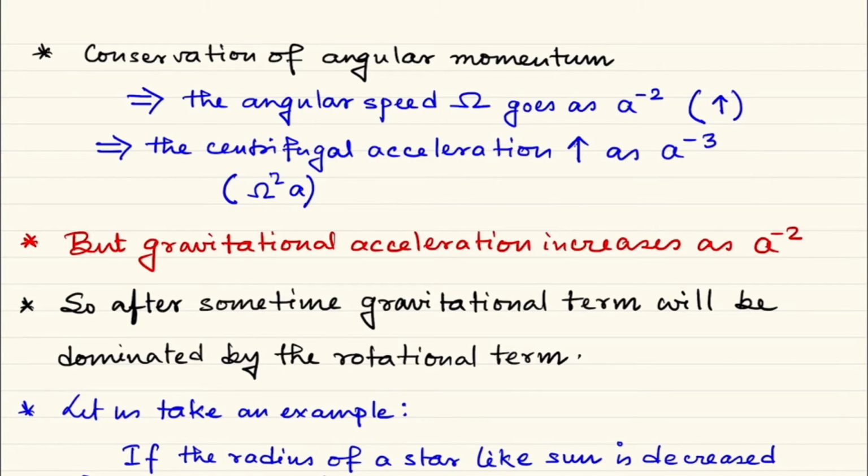So we see that when A decreases, centrifugal acceleration goes up. Gravitational acceleration also increases, but only as A to the minus 2. So centrifugal acceleration will increase much more rapidly. After some time, the gravitational term will be dominated by the rotational term, that means the centrifugal term.